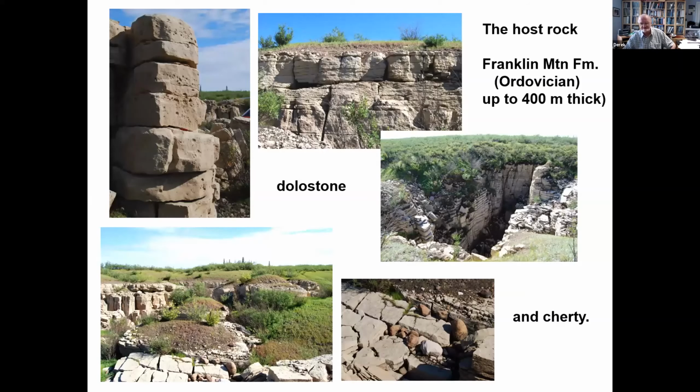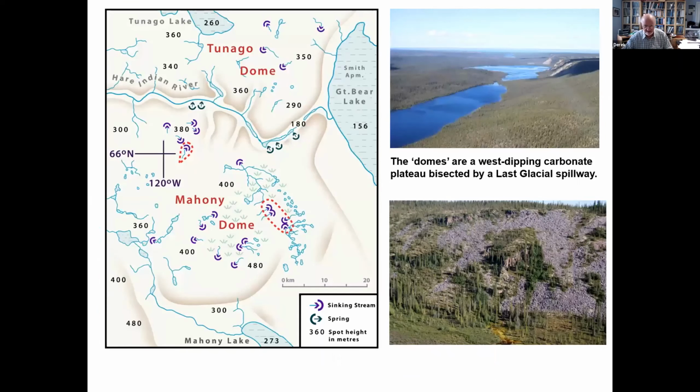Next one, please, Autumn. So the first 2 sites are north and south of a giant spillway. Ice had receded to the western arm, the Smith Arm of Great Bear Lake. A major river poured out, created this channel, 1,000 to 1,200 meters wide, 120 to 150 meters deep.